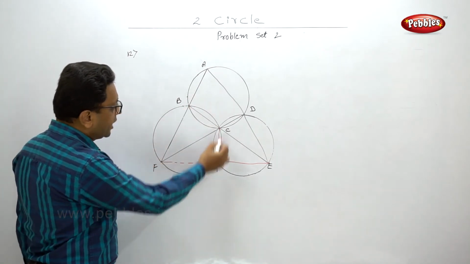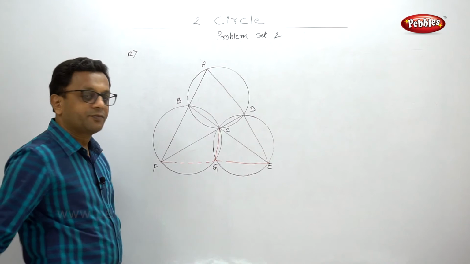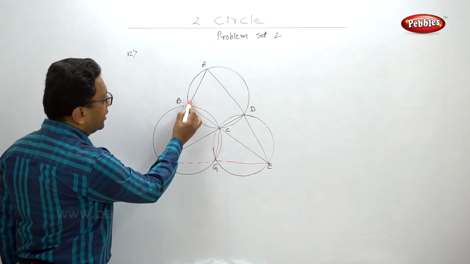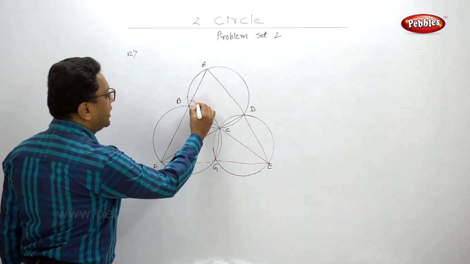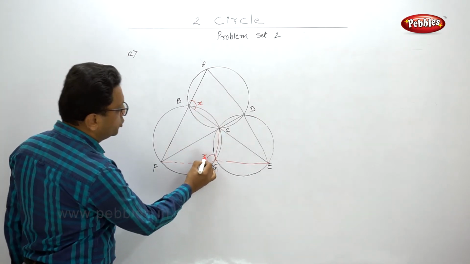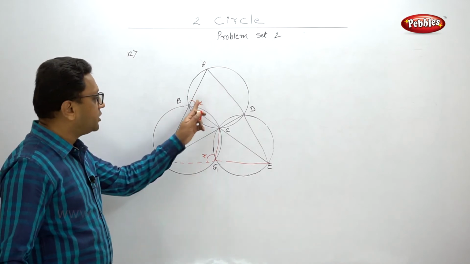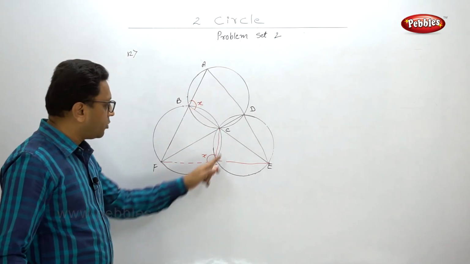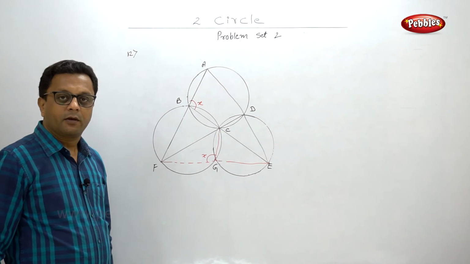BFGC, this is also a cyclic quadrilateral when I join this. Okay, so this angle I can say that X is equal to this angle. These two angles are X because this is an exterior angle of this quadrilateral. Correct?